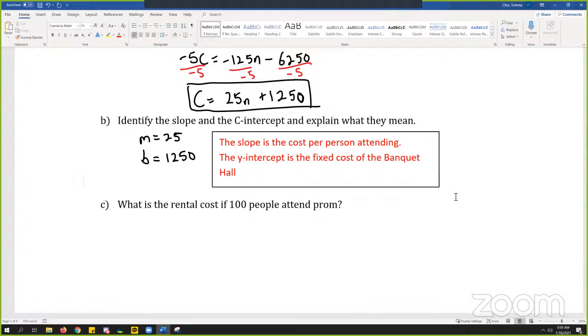You'd be surprised how many people, grade 9 and grade 10 students, tell me the slope is the rate of change, it's rise over run. I'm like, of course we know what that is. That's the definition of slope. When I ask you, what do they mean? What does it mean in terms of the question? That's the important part, right?